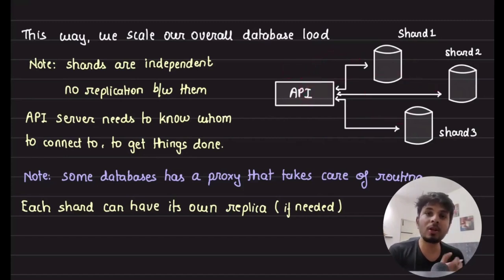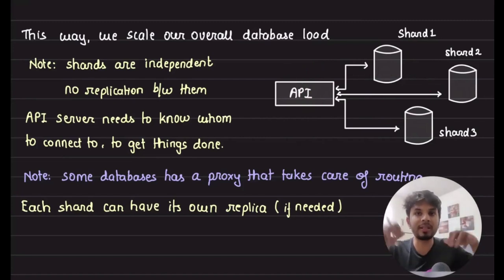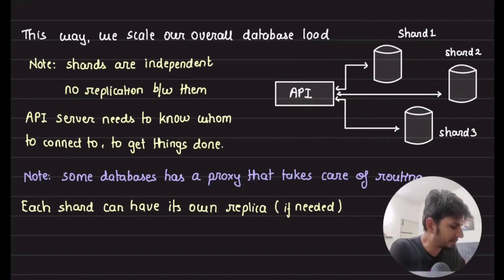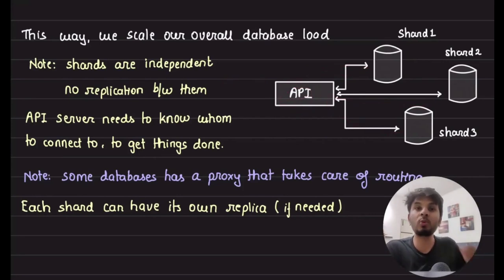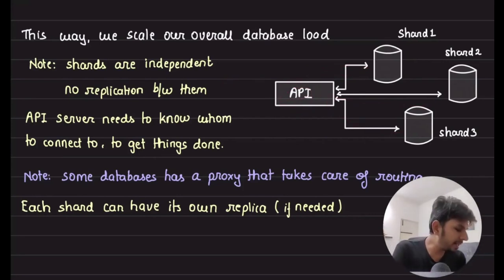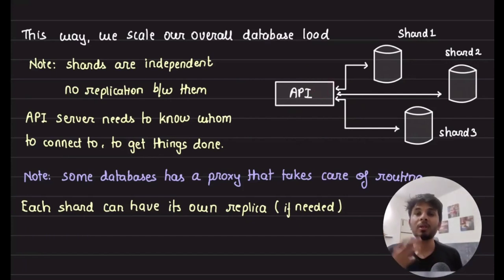This is called routing logic: the request from your user comes in, and the API server knows which connection object to use to make calls to one of these databases. You are defining the routing logic at the API server side. This is how sharding works.